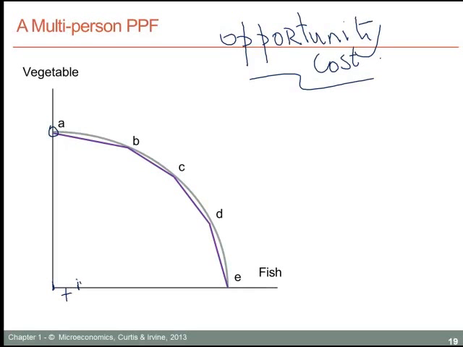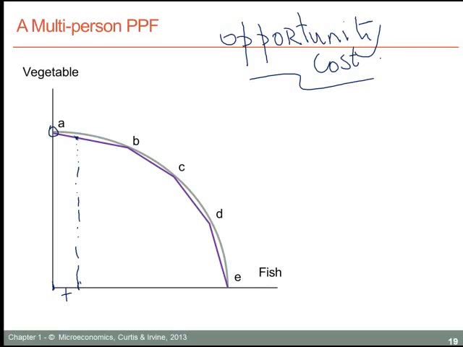So let's go up, this is meant to be a straight line, to the production possibility frontier up here. And we are now on the production possibility frontier for the whole economy, but the slope of this segment of the economy-wide production possibility frontier reflects the production capabilities of the person who is most efficient at producing fish.